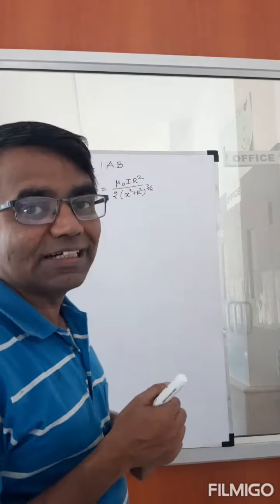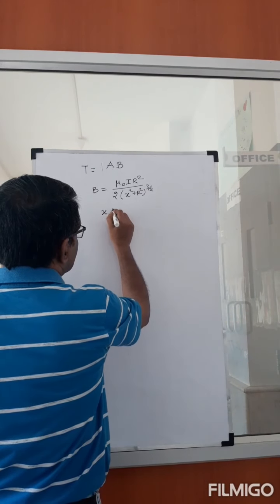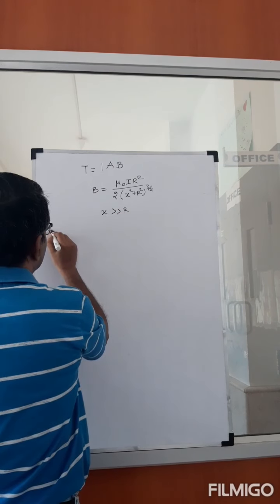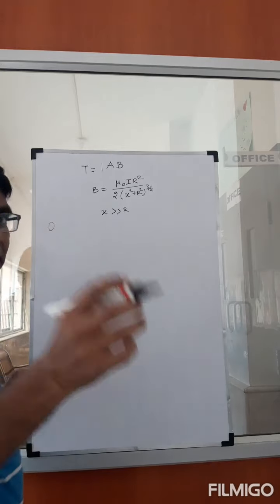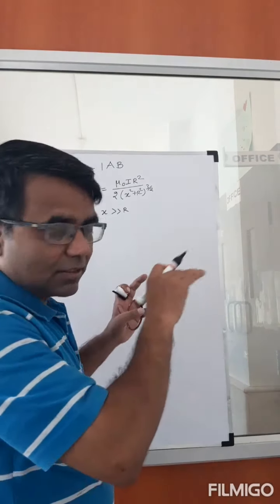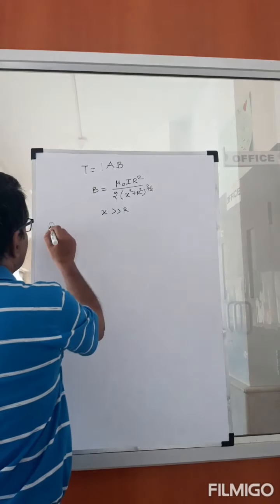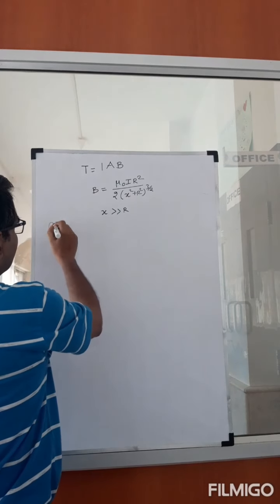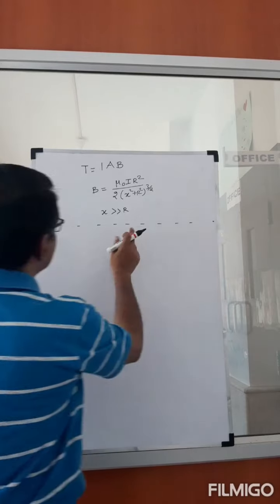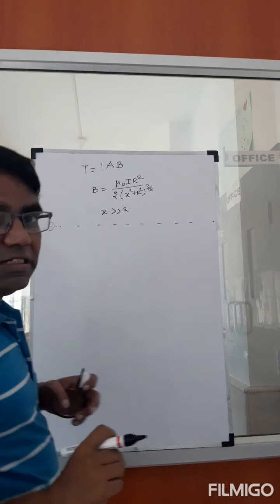Okay, so then what am I going to get now? Let me draw a very small circle so that you can understand this. So I have this coil, and suppose I want to find B at some point here. You see, compared to this distance x, this radius r is very small.